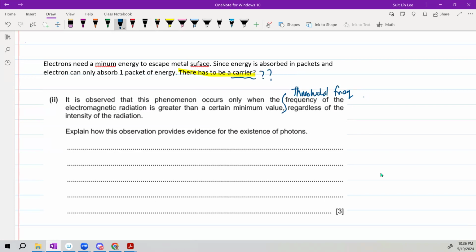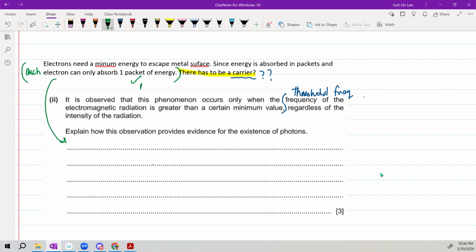So what are we carrying? Okay, so this one, generally speaking, this is okay. Each electron can only absorb 1 packet of electromagnetic radiation or 1 packet of energy.